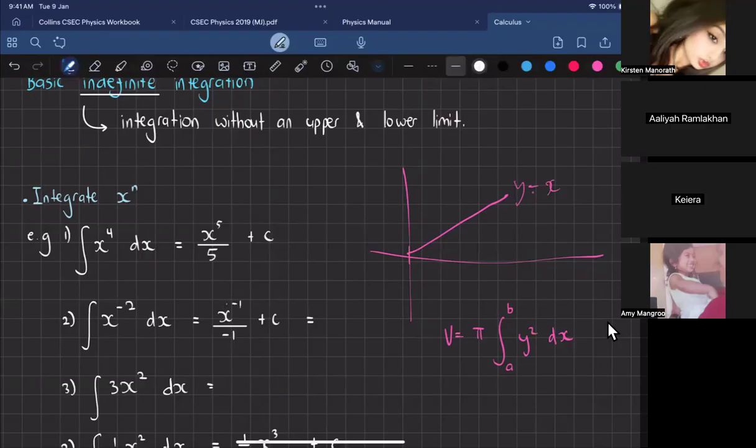Aliyah, is the top value positive or negative? It has a negative power, but it is positive. If it had a negative sign in front, then that would be different. So we have a positive divided by a negative.